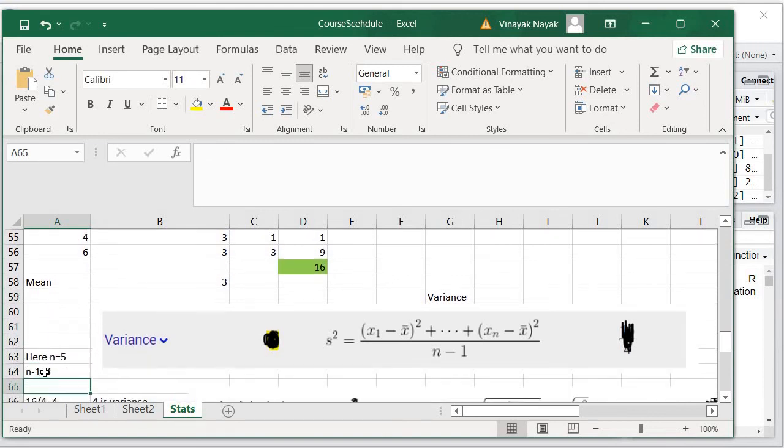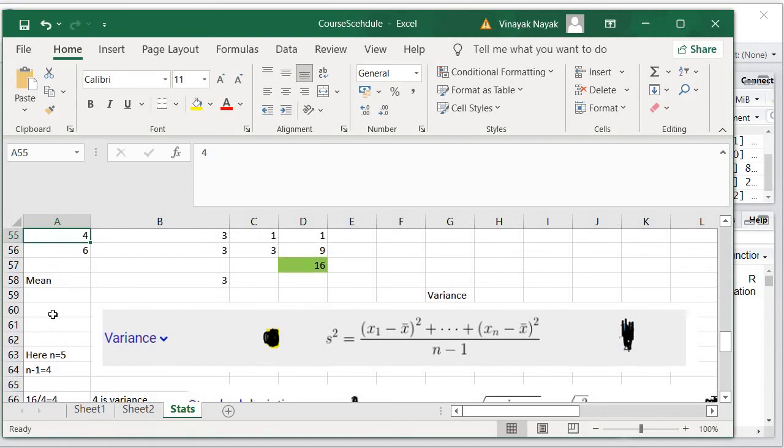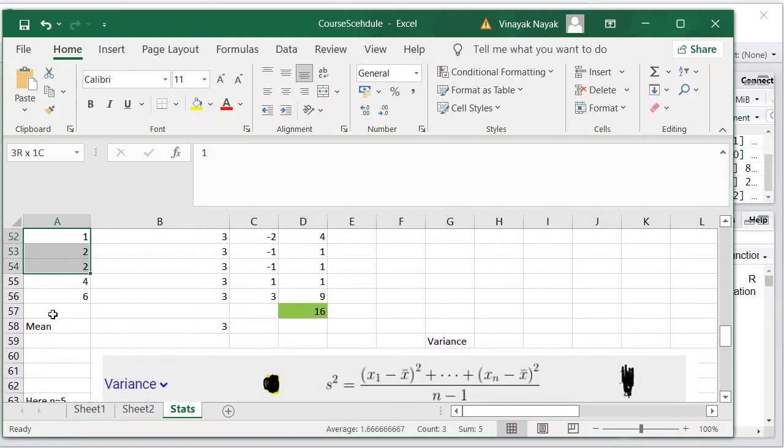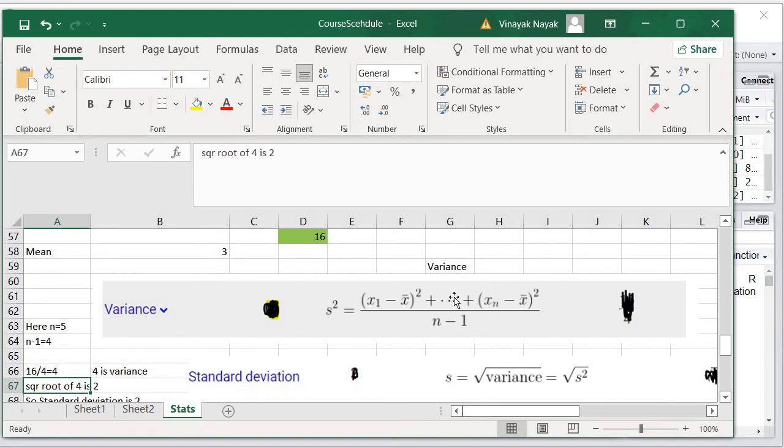Now in this case, n is equal to 5. n is the count of the numbers, and the count is 5. But for a sample, our formula says it should be divided by n minus 1. So the numerator over here is 16, which should be divided by n minus 1. n is equal to 5, so n minus 1 would be 4.